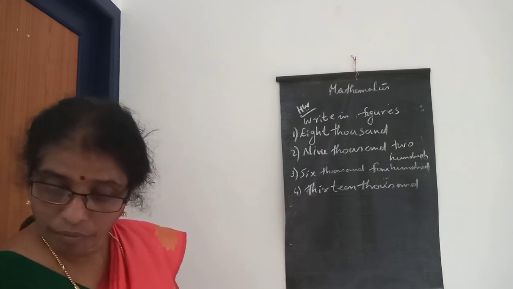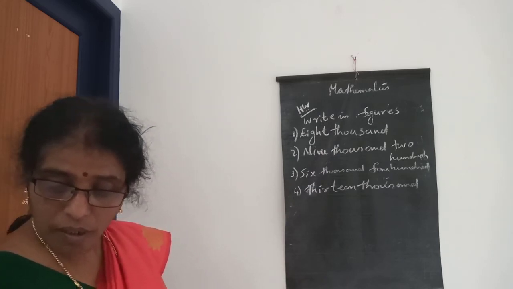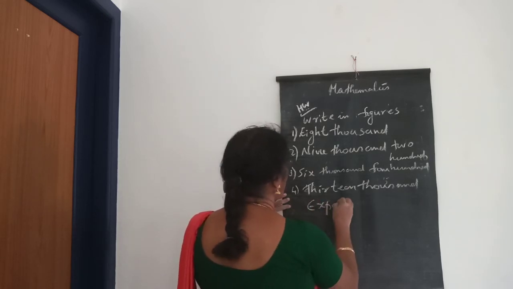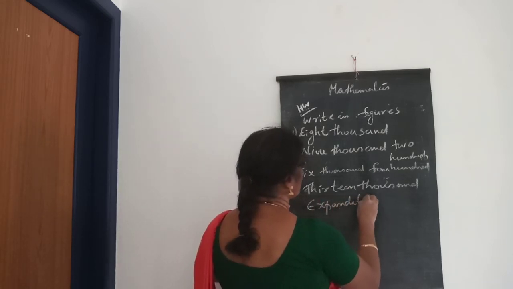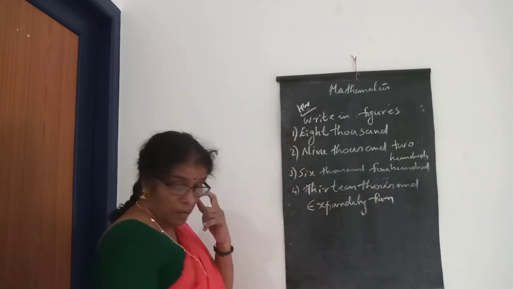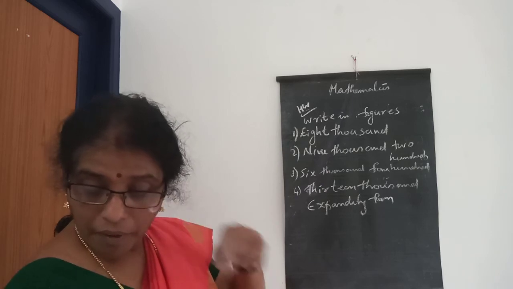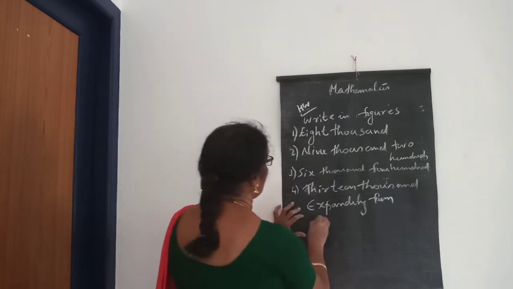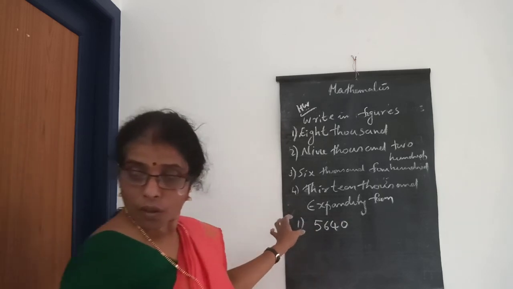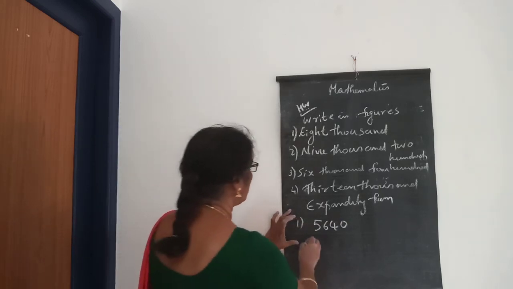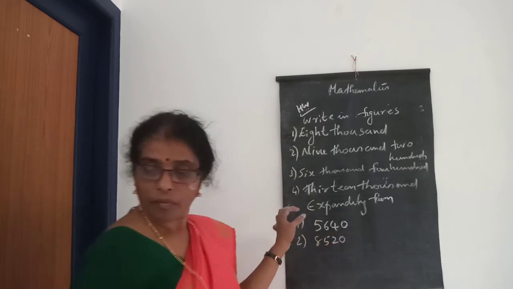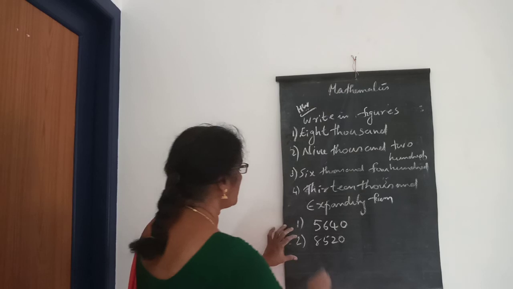And next one, expansion. Expansion, children. Writing expanding form. That is 5,640, then 8,520, 3,150.